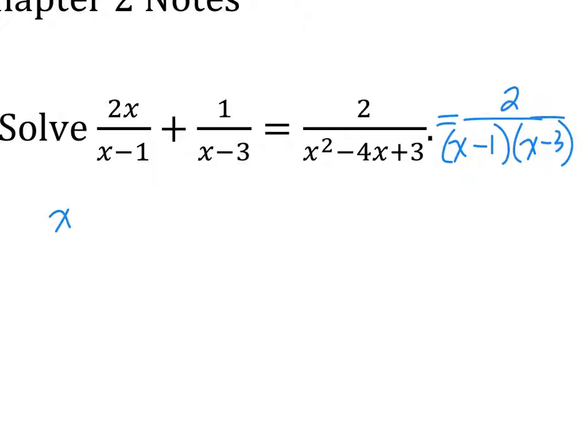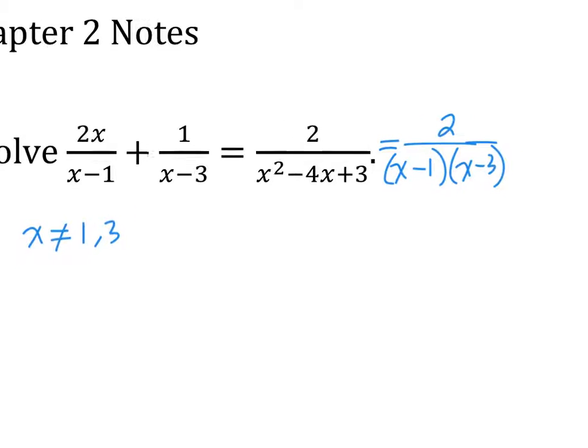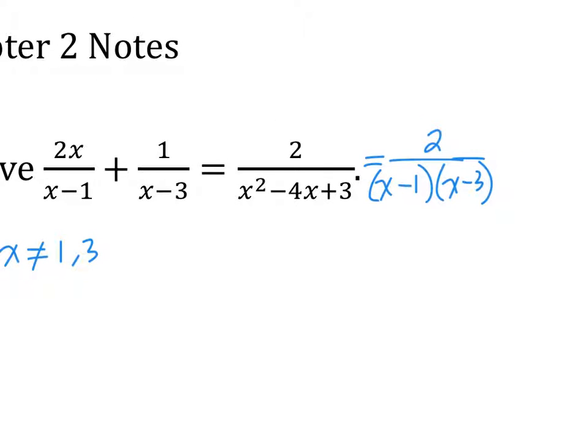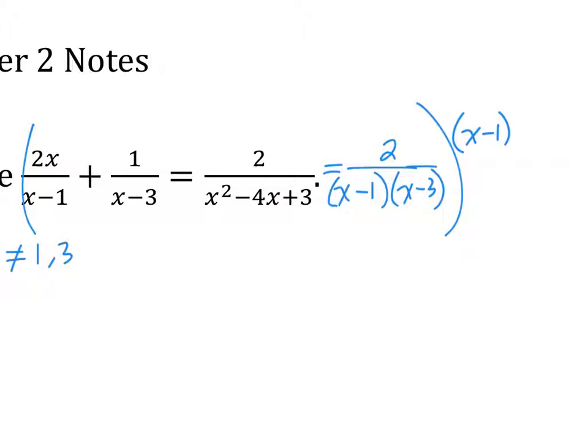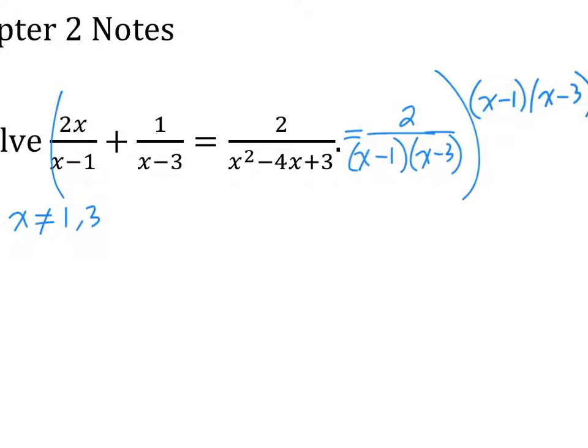So x can't equal what? 1 and 3. What is the least common denominator among all three terms? Yes, x minus 1, x minus 3. So we're going to multiply everything by x minus 1, x minus 3. Make sure you distribute that to every term.